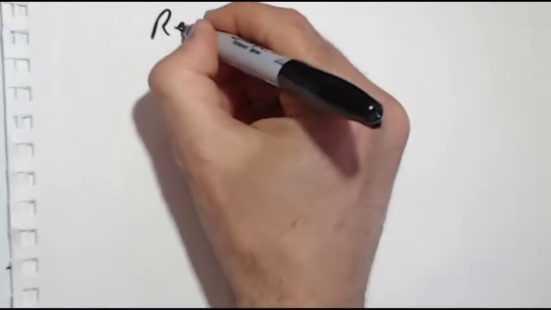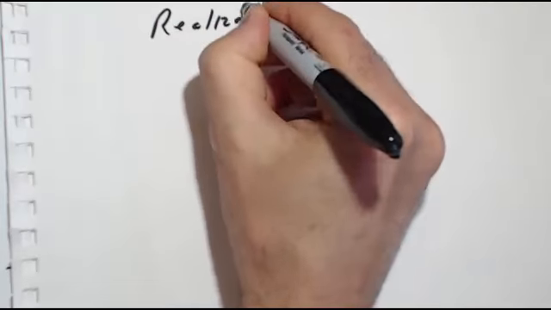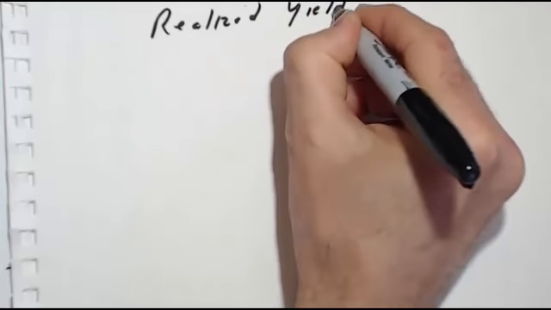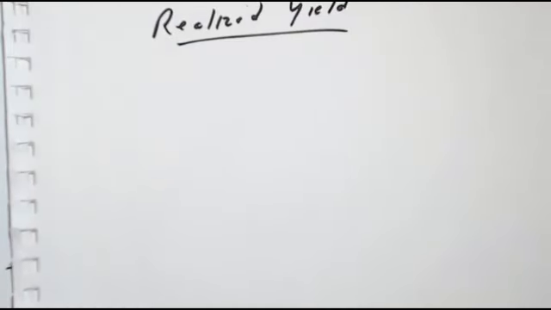Realized yield. The reason why I'm bringing up realized yield is that if you remember when I introduced yield to maturity, I said it was the interest rate that sets the present value of the future cash flows equal to the market price.